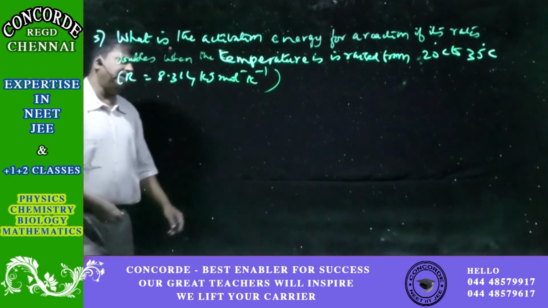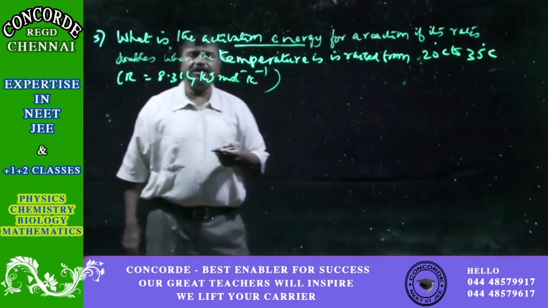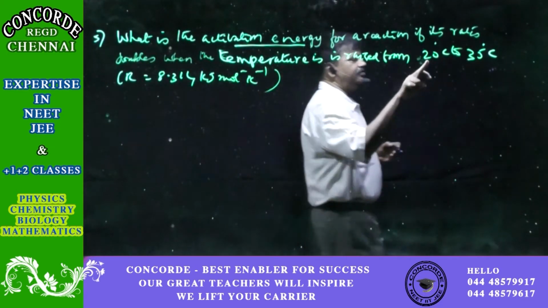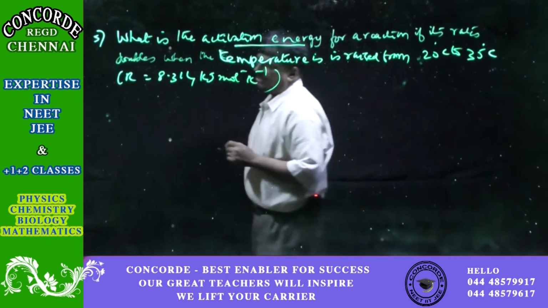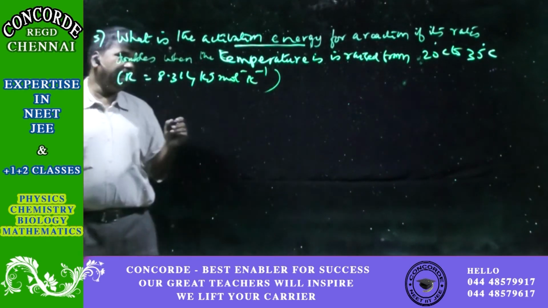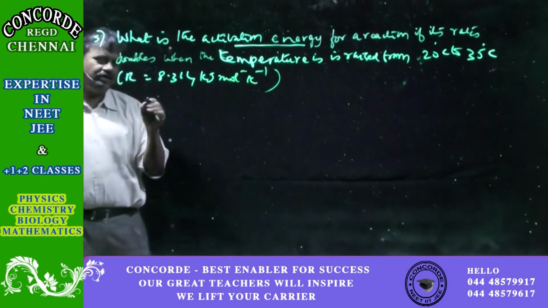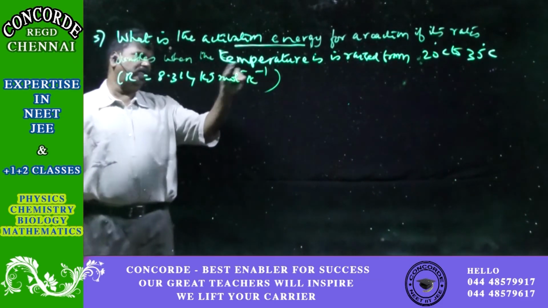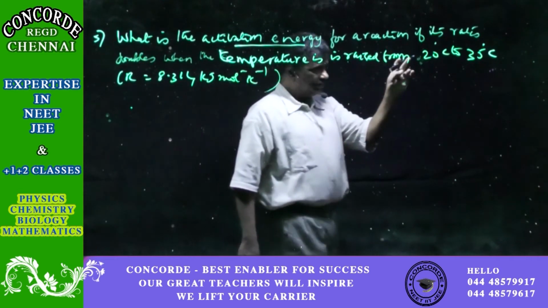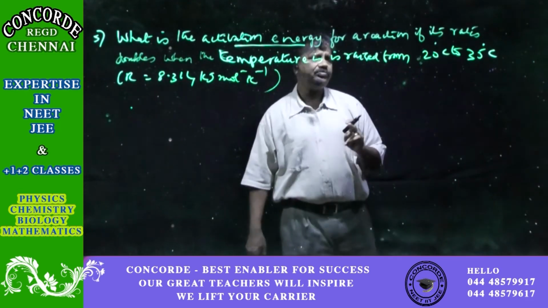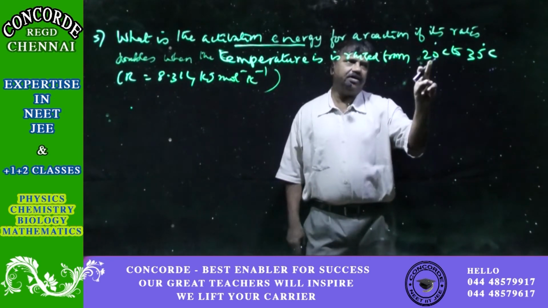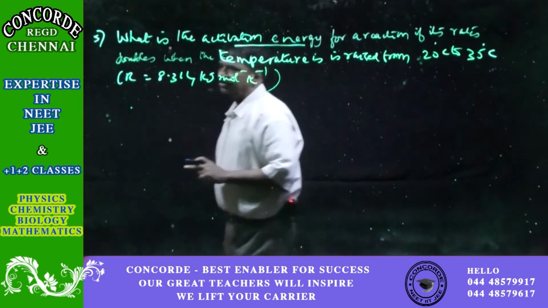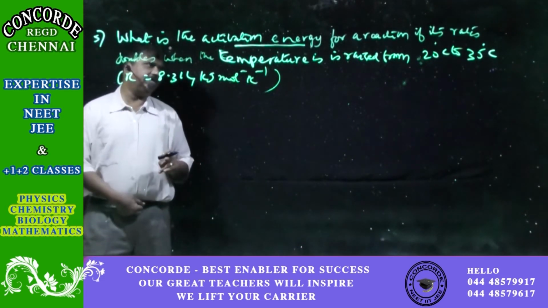Okay, we should know the activation energy. You know that activation energy is given by the Arrhenius equation. There are two situations, where the initial temperature is 20 and the final temperature is 35. Since there are two different rates, at 20 degrees you have rate constant K1, and at 35 degrees the rate constant is K2.